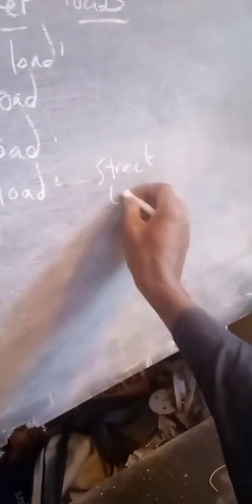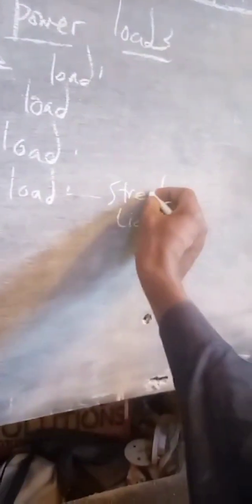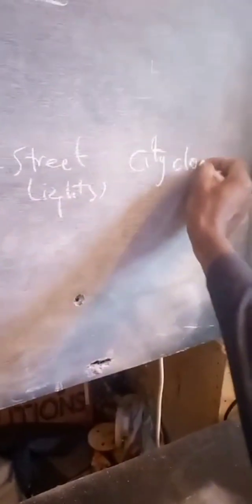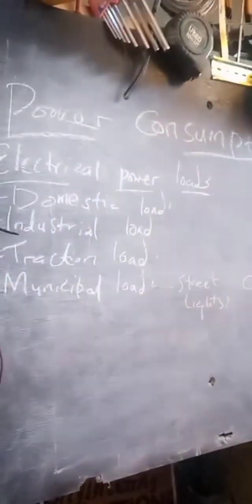Municipal loads, this is something like street lights, we have like the city clocks, etc. These are loads that you usually see on the streets, but they are not actually owned by somebody in person.